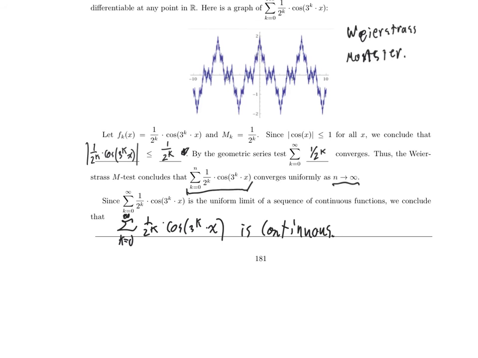And in fact, you could prove something better. It even turns out to be uniformly continuous. All that would require is to replace the fact that the uniform limit of a sequence of continuous functions is continuous with the fact that the uniform limit of a sequence of uniformly continuous functions is continuous.